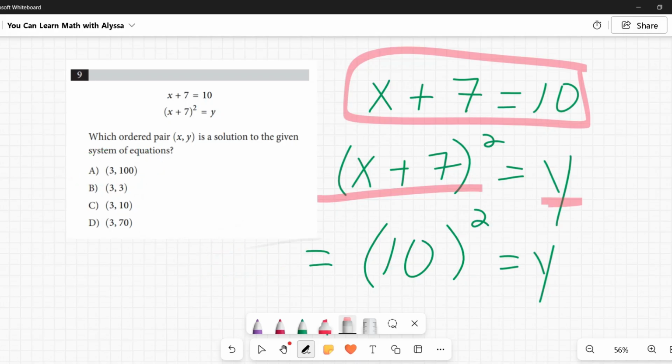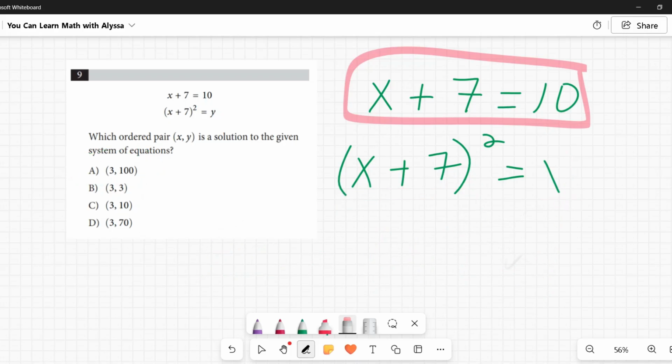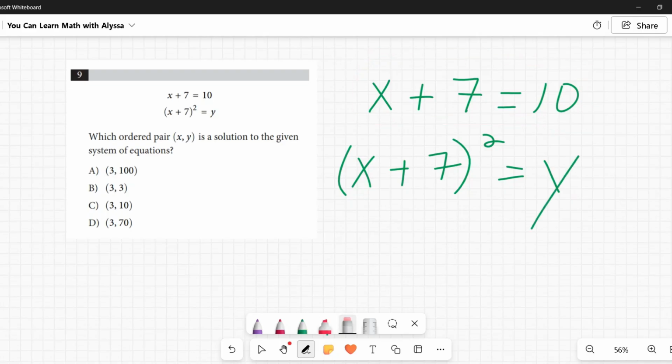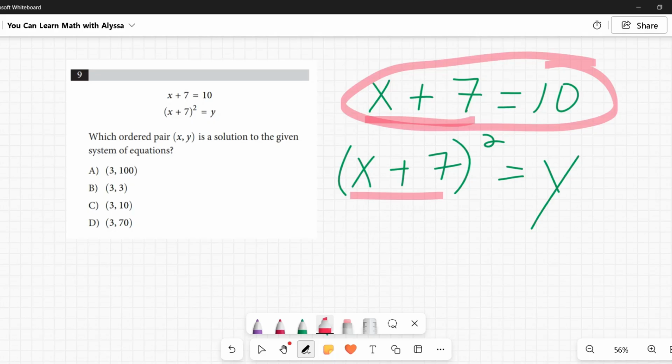Now, again, the thing that I would look for in systems of equations going forward is, do things match? Like here I saw an x plus 7 and an x plus 7. So immediately I'm like, is there going to be an easy way to connect these two? In this case, also, the top equation in the system of equations doesn't have a y.